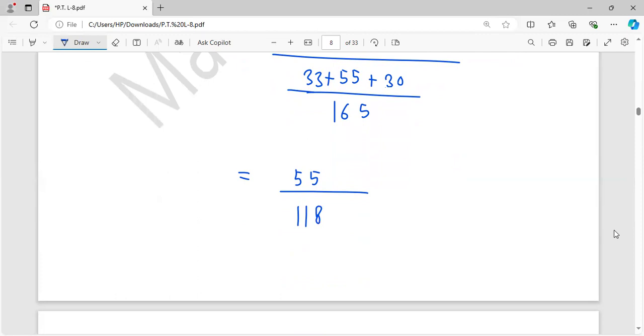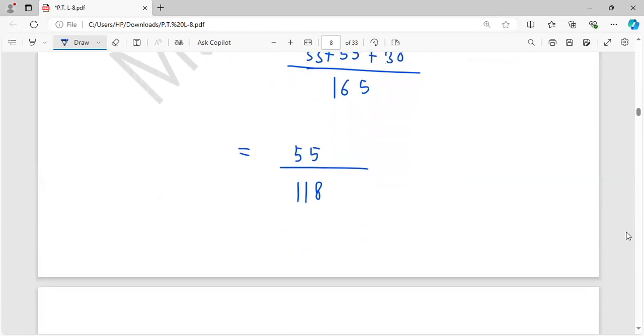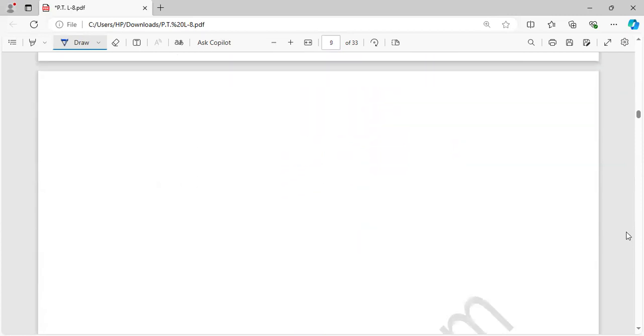And now we have to calculate P(E3 relative to A).